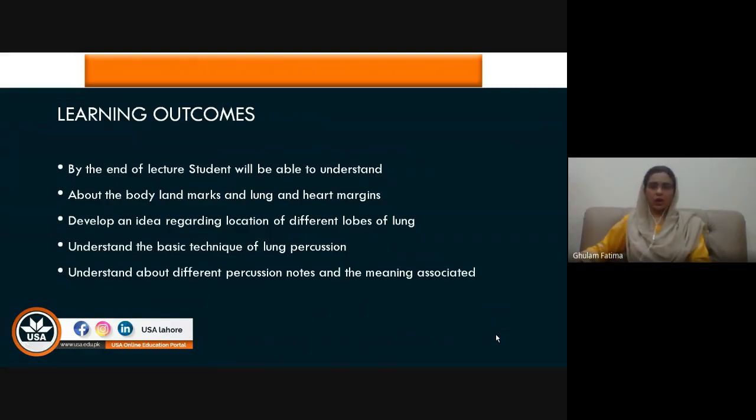So these are all relevant topics. These are the basic learning outcomes for today's lecture, and I hope that by the end of this lecture, you will be able to understand fully all these concepts which I have just mentioned.